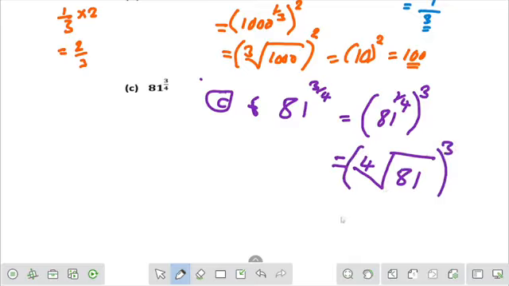The fourth root of 81 is the number you multiply by itself 4 times to get 81. That number is 3. This 3 will be raised to the power of 3, and 3 to the power 3 means 3 times 3 times 3, which gives us 27. So these are the answers.